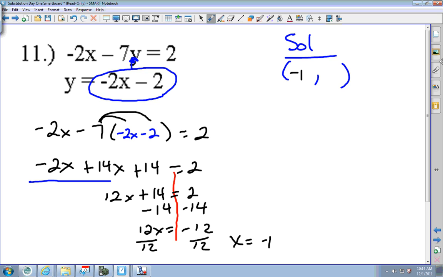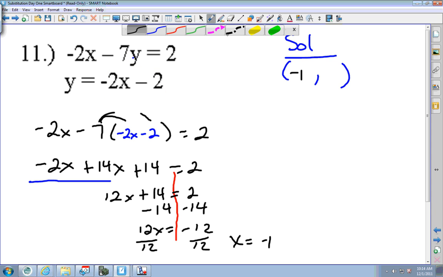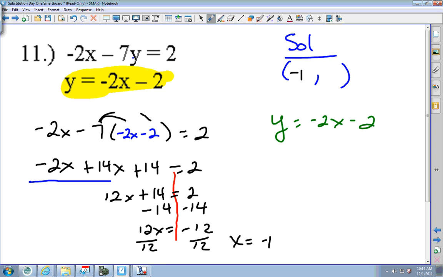Well, now I need to find my y. Here's my equation in y equals form right here. So I'm going to write y equals negative 2x minus 2. X is negative 1, so we're going to put that in here for x.